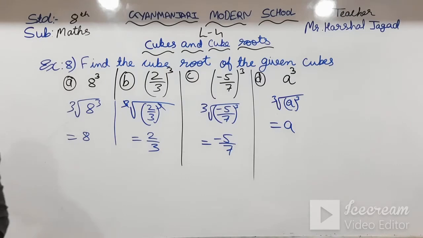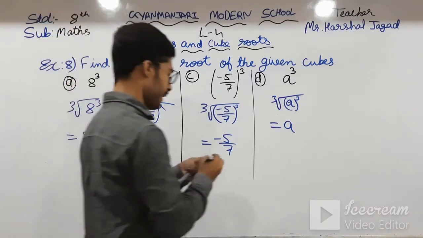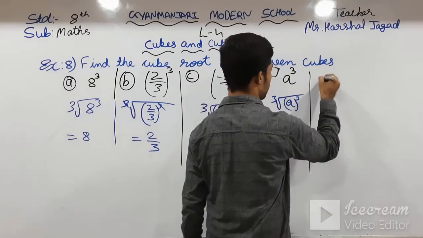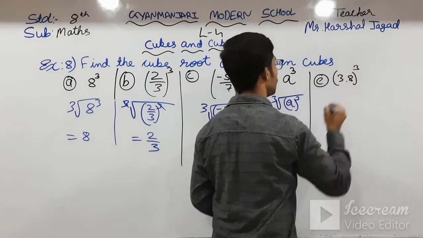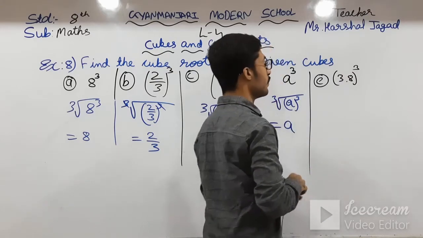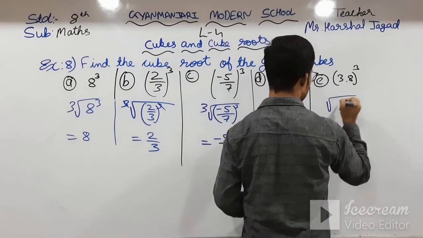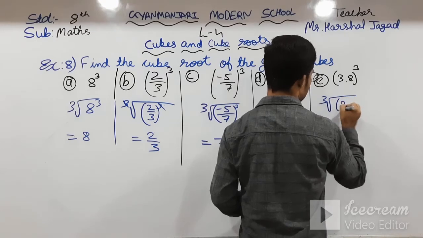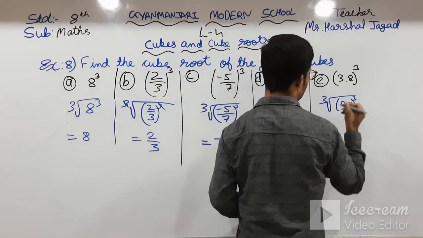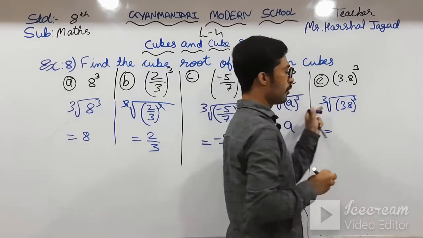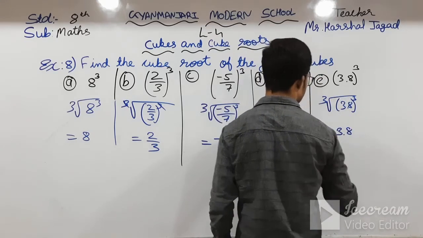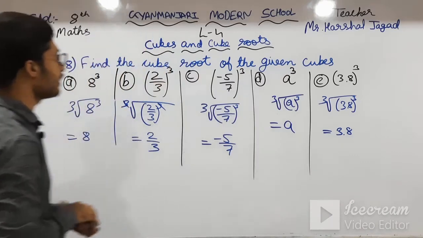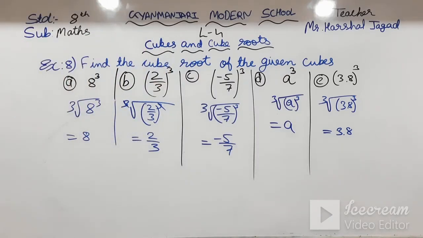And the last one, that is E, 3.8 cube. So how can we find the cube root of it? The cube root of 3.8 cube, the cube root and the cube will cancel. Okay students, the answer is 3.8. So this is example number 8. Please note this down, students.